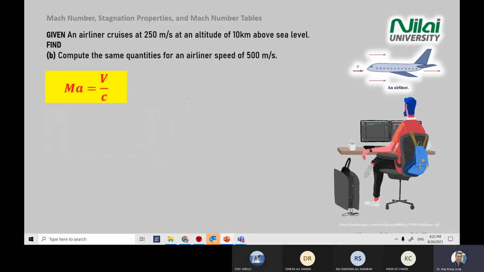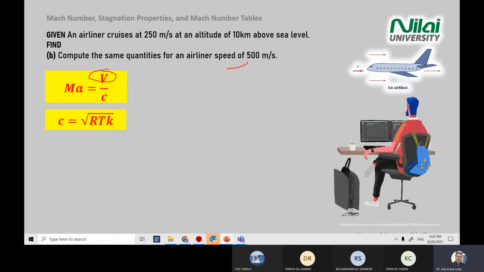What happens if you increase the speed? You repeat the same formula, only substituting the velocity. You change from 250 to 500 over here. Because you're using the same medium, be careful with the temperature: it is still the same because you're still at 10 kilometer altitude.